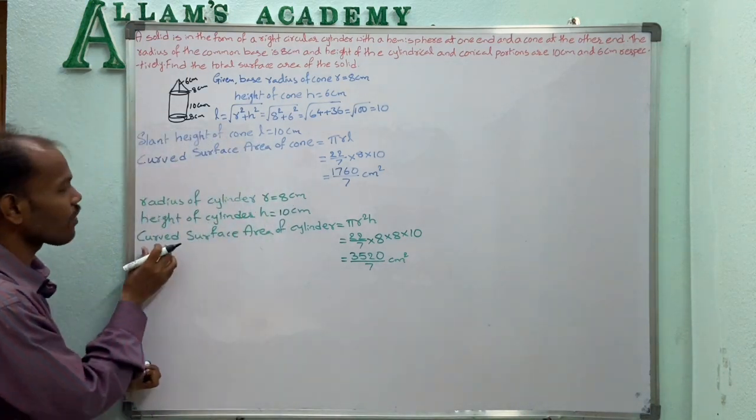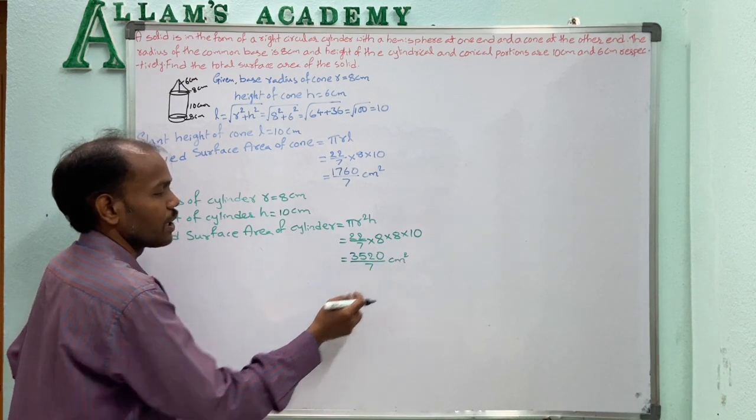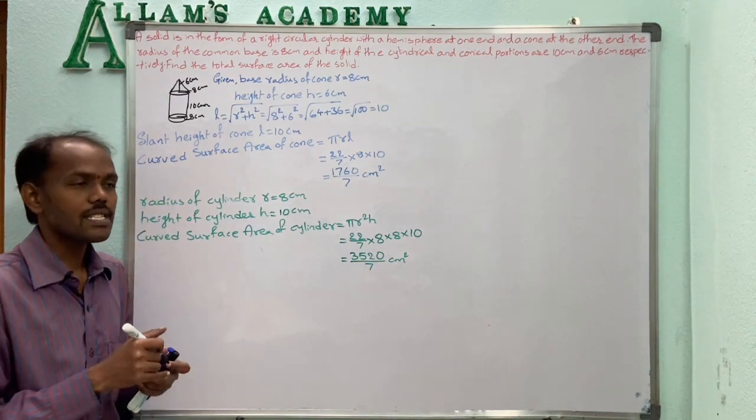So the curved surface area of the cylinder is 3520 by 7 centimeter square.